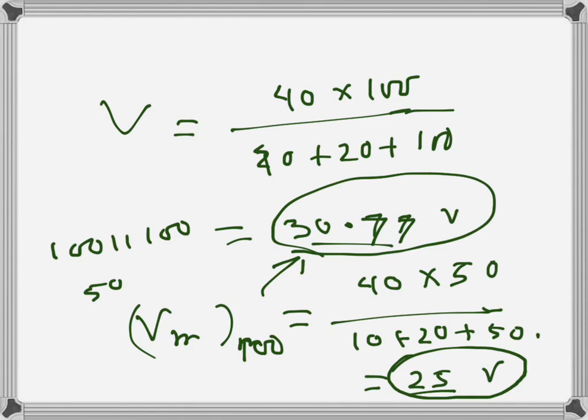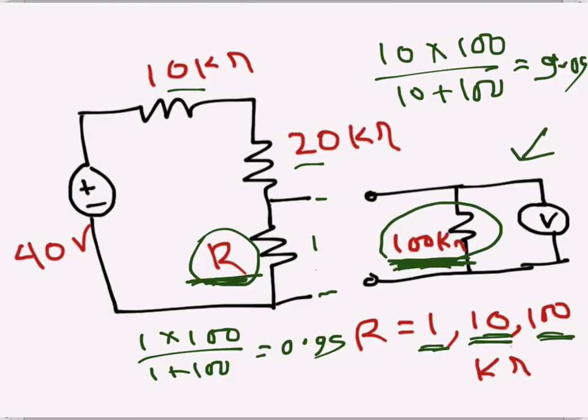So this is how it works: if the resistance across which we are measuring voltage has a value comparable with the internal resistance of the voltmeter, then the measured voltage will be erroneous, with significant error.